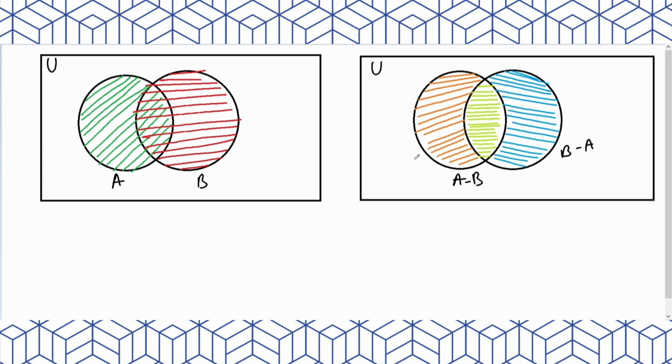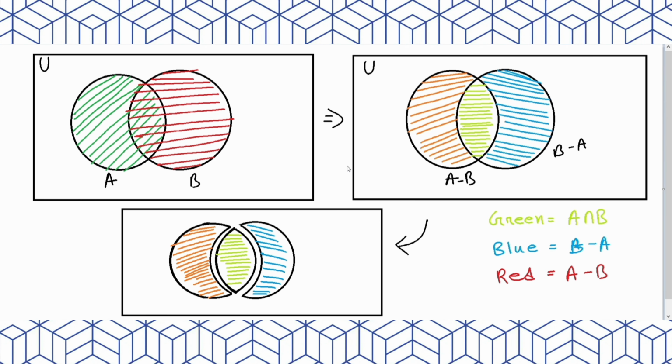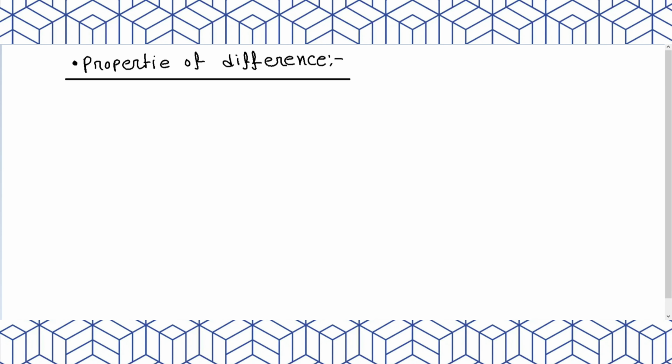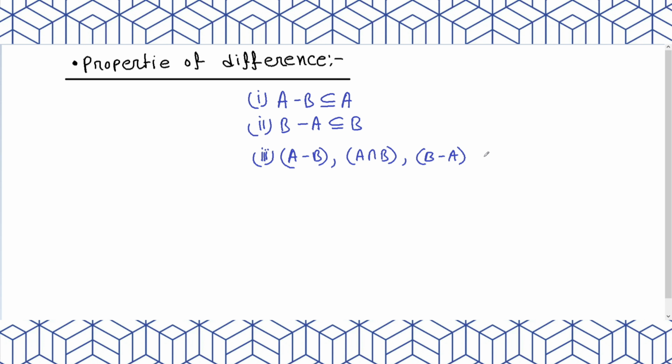In the top right rectangle, we can see that the green part is A intersection B, the blue part is B minus A, and the red part is A minus B, and they are all separated, not intersecting each other. The properties of difference are: A minus B is a subset of A and B minus A is a subset of B. Third, A minus B, A intersection B and B minus A are disjoint sets as shown in the Venn diagram.